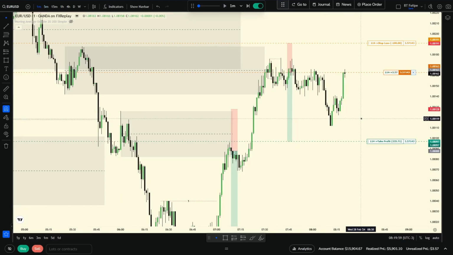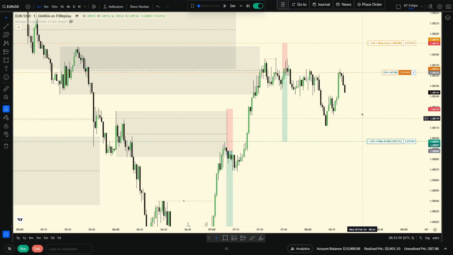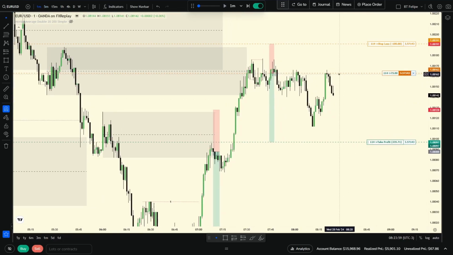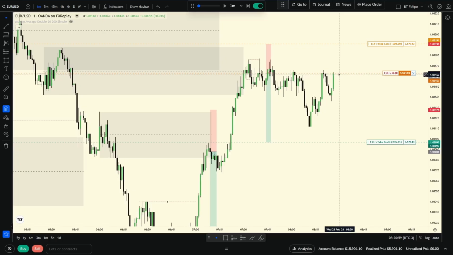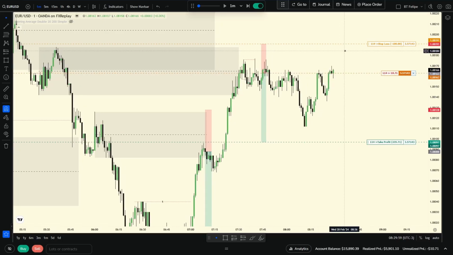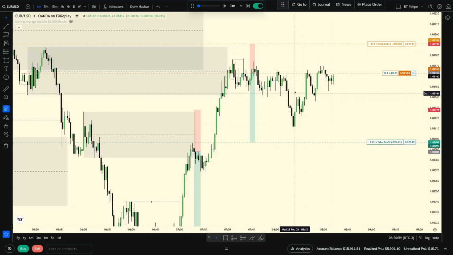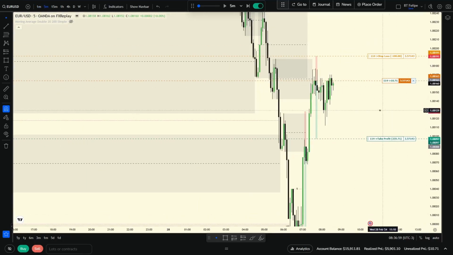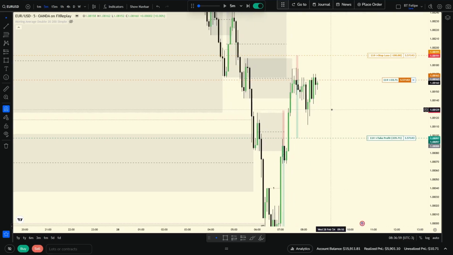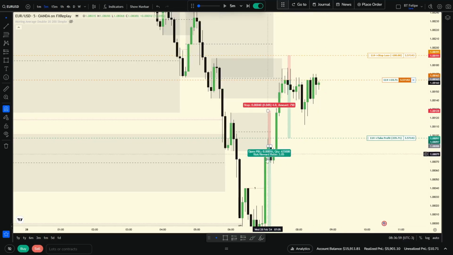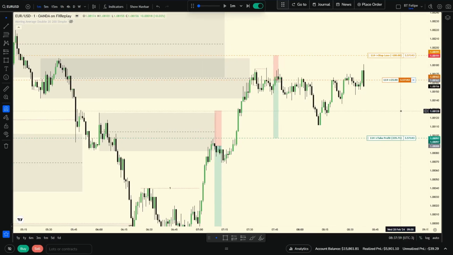Let's just wait and see what happens. It's probably going to break this, it seems, like price is mitigating up. Can I long here? Only internal. I'm not going to do internal.